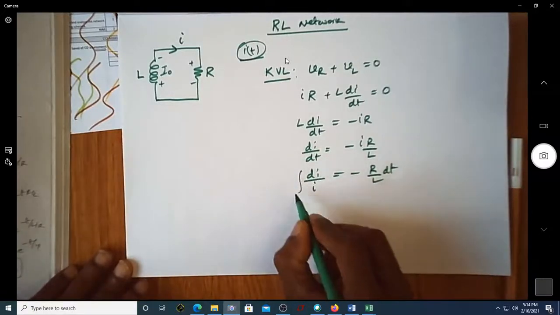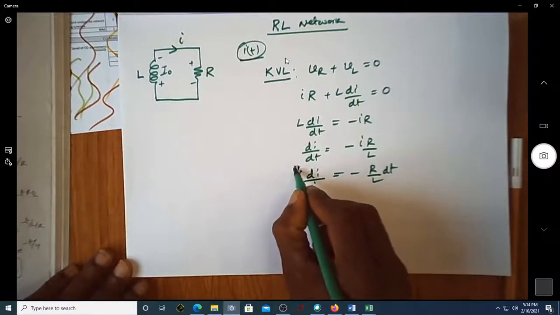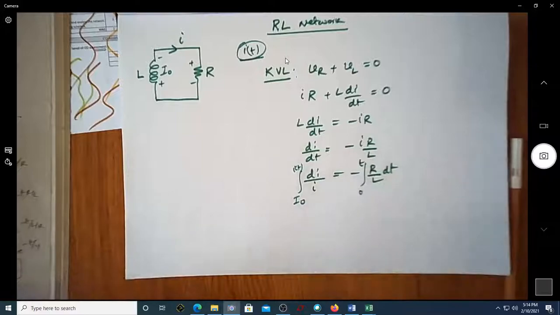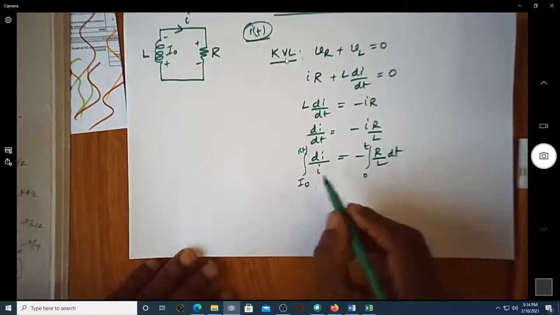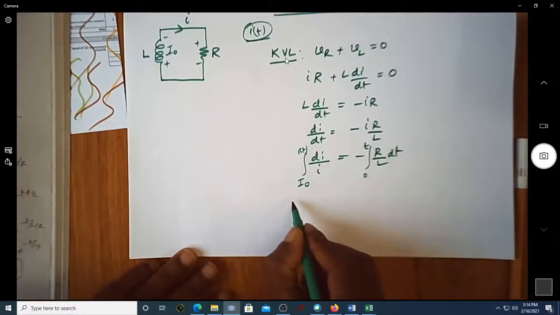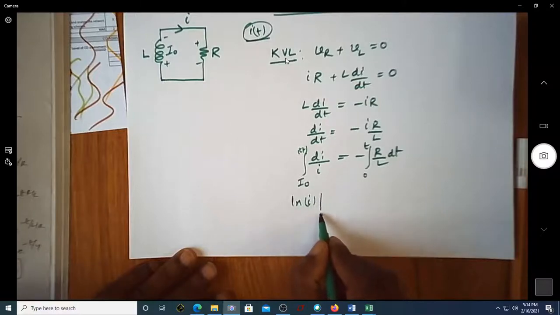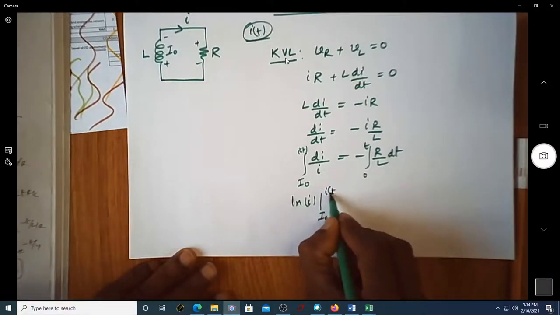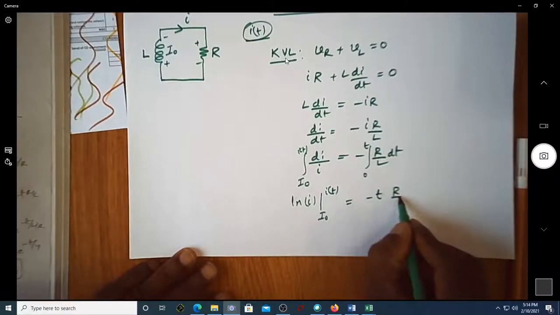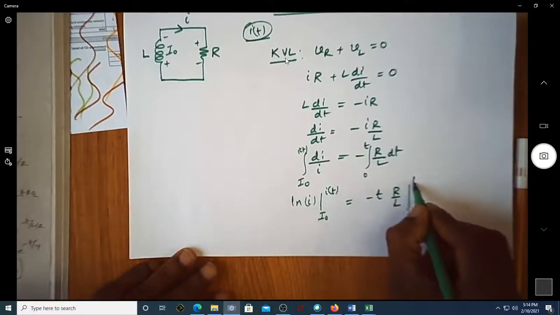Now you integrate this over the initial condition of I naught to I of t, and you integrate the right side from 0 to t. If I integrate this, this will become ln of I with limits from I naught to I of t, and this will become minus R by L times t with limits from 0 to t.